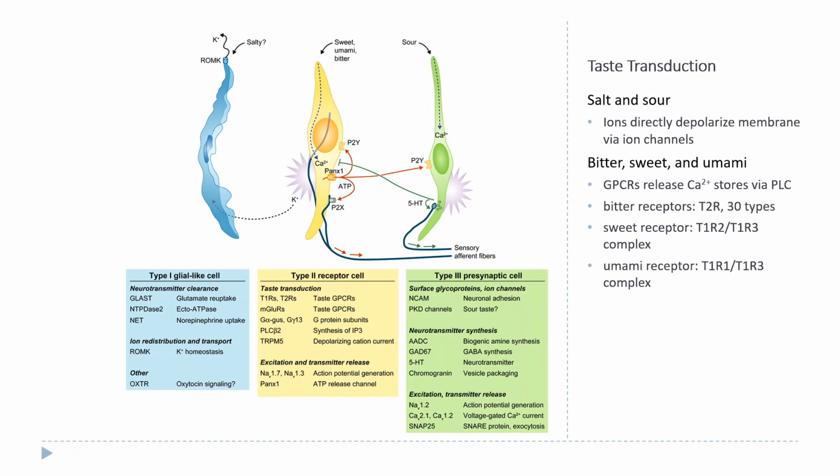You don't need to memorize this picture here, but I just want to point out that the taste associated with a taste cell can become complicated, because it's not just about the receptors they express. There's also a lot of crosstalk. The taste cells communicate with each other, and so the actual signal that gets sent to the brain can be a complex combination of different signals or interactions between receptor cells.